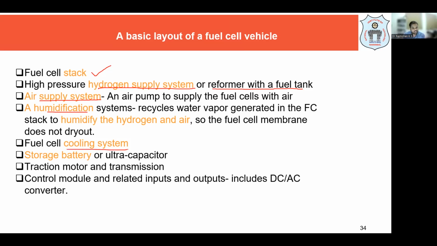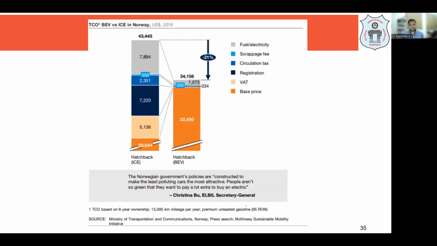A fuel cell cooling system has to be there, because the reaction taking place is exothermic in nature. We'll have a storage battery or ultra capacitor for storing the energy, a traction motor and transmission, and a control module with related inputs and outputs, including a DC AC converter. We know that electricity produced in a fuel cell is DC current, which needs to be converted to AC current.